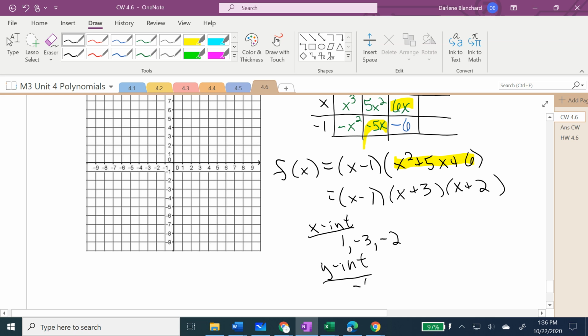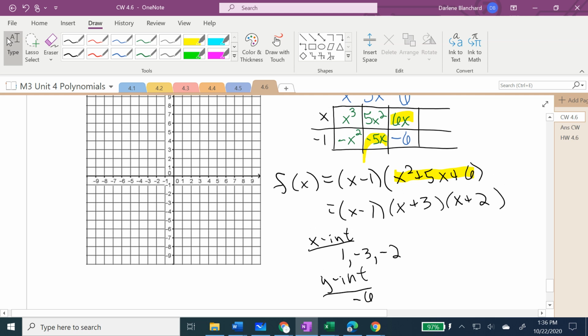So I believe that would be -6 if I can multiply this afternoon. I have 4 points that I can now plot. I have the point y-intercept -6. I have x-intercept 1, -3, and -2.